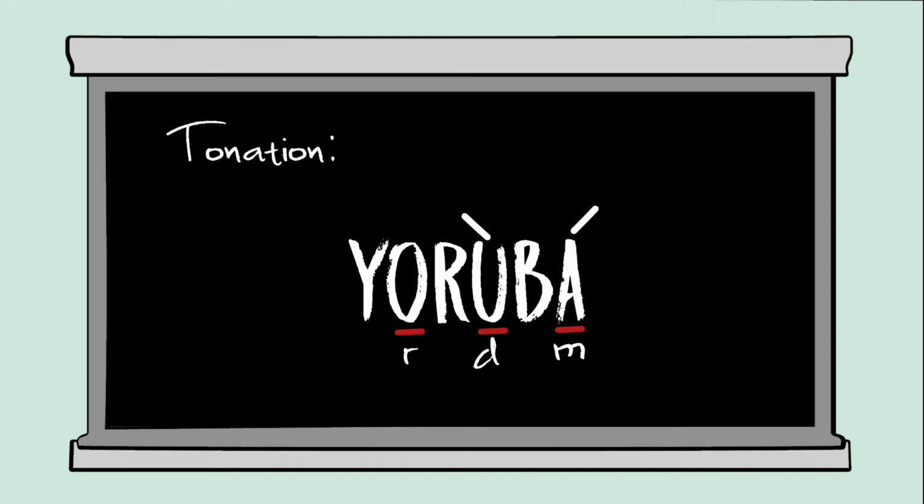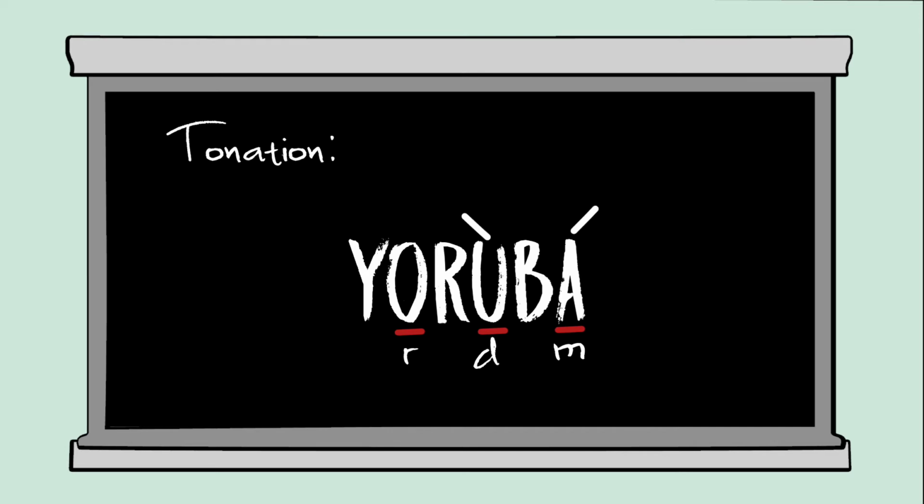In this example, the vowels are o, u, a. And the tonal marks for this word are re, do, mi.